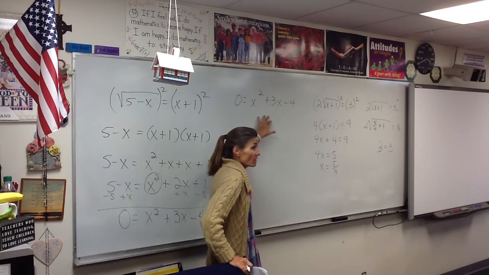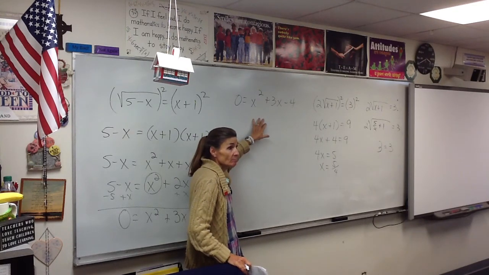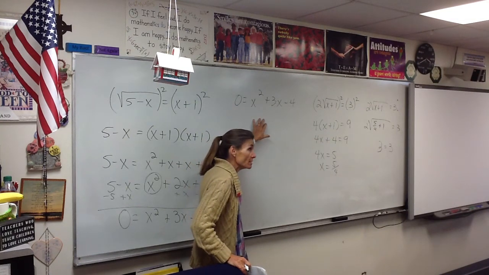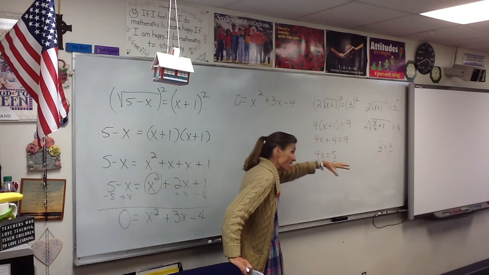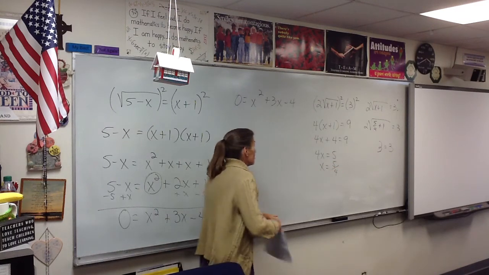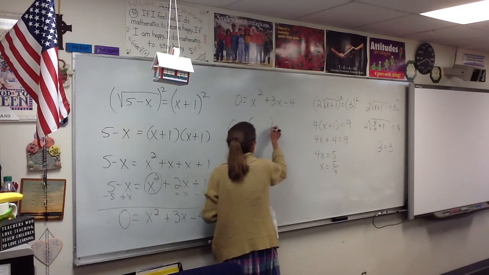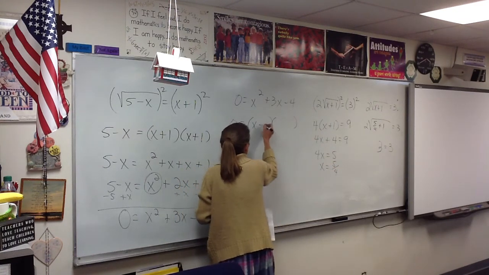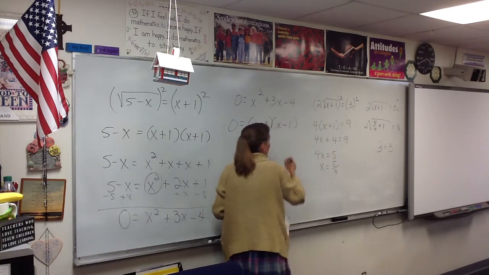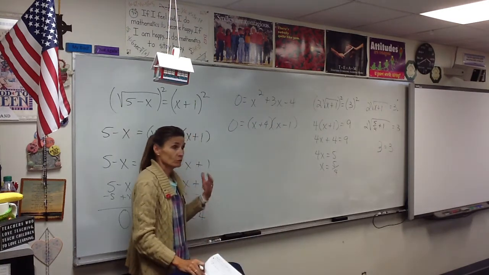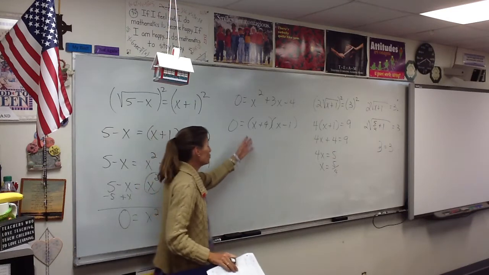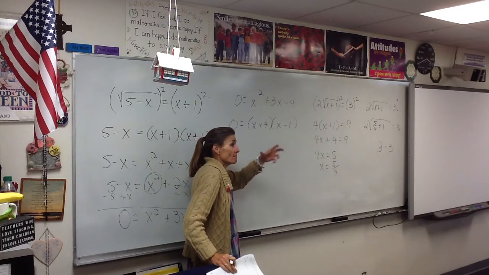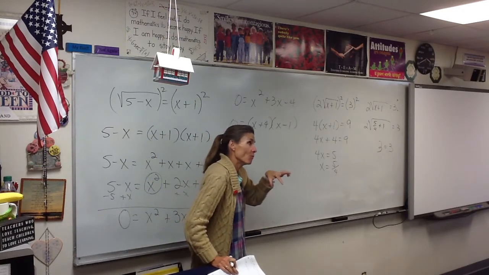Could I use my quadratic formula very easily? Yep. So if that's what you like to do and that's what you're comfortable with, then that's what you're going to do. This one does also factor. So those of you that remember how to factor or like to factor, you could factor this. And by factor, I mean like unfoil it.